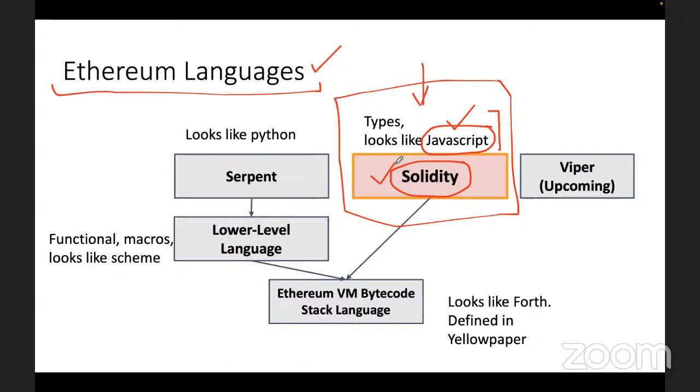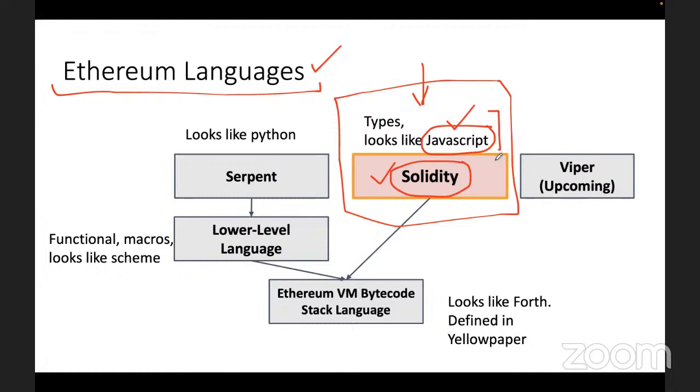The reason is very simple, because it is somehow similar to JavaScript. That is reason number one. Reason number two is that a lot of 24/7 support is available for writing the contract in Solidity, and it is compatible with the Remix IDE, which is an open source platform for writing the smart contract.